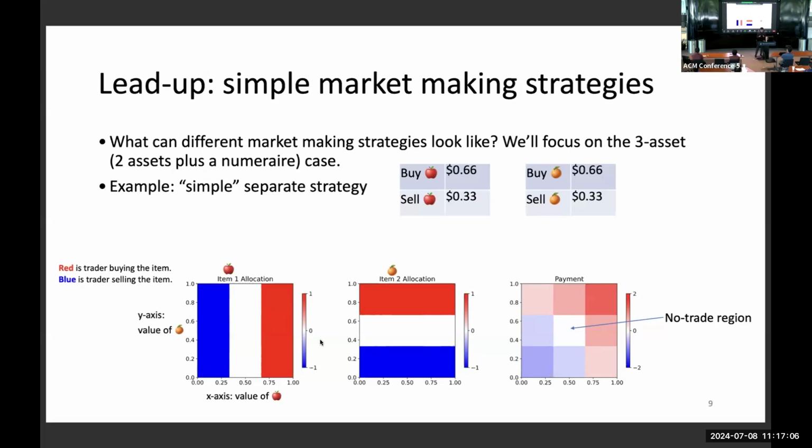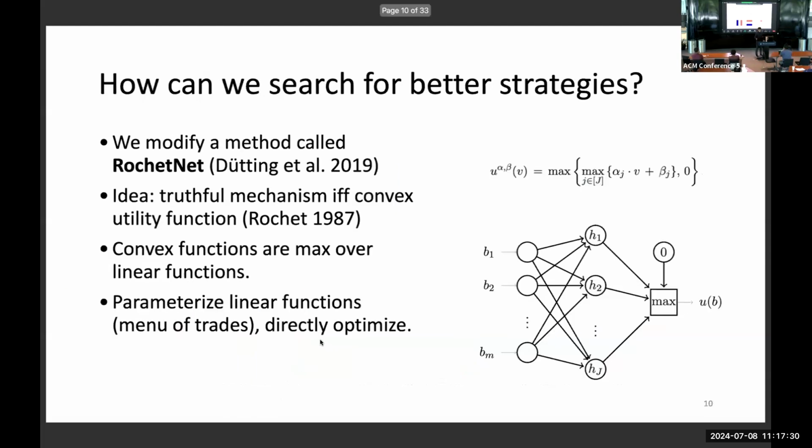In a one-dimensional case, by providing a bid-ask spread, there is basically something called a no-trade interval, where for traders with values within that interval, the market maker is not willing to trade. That's to protect the market maker against adverse selection. And in the 2-dimensional case, we also have this 2-dimensional no-trade region, which is a square.